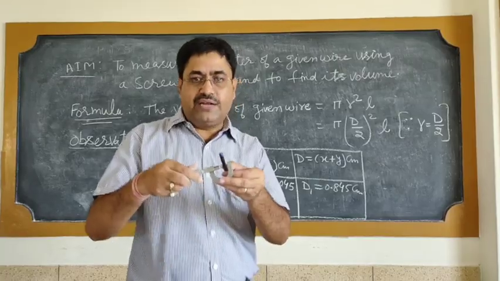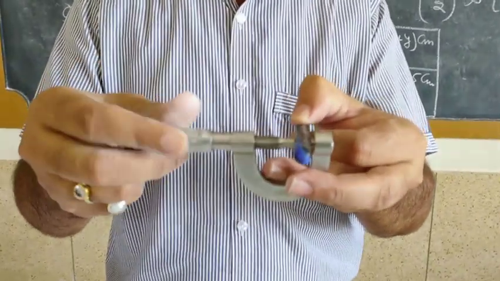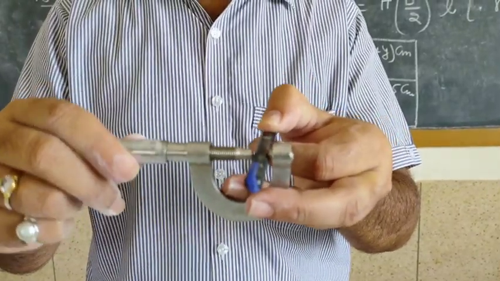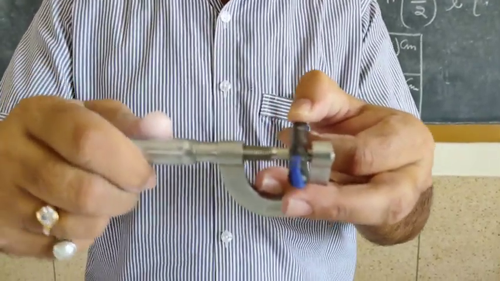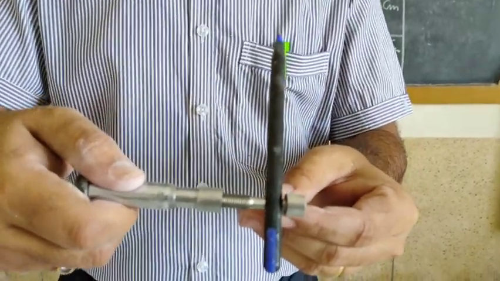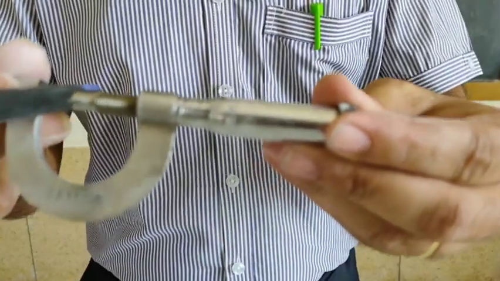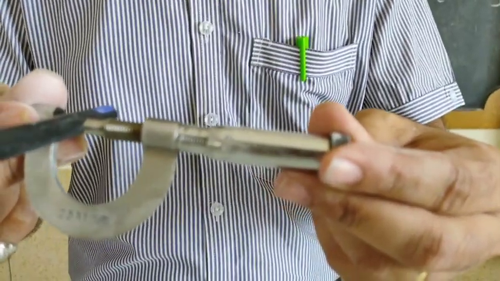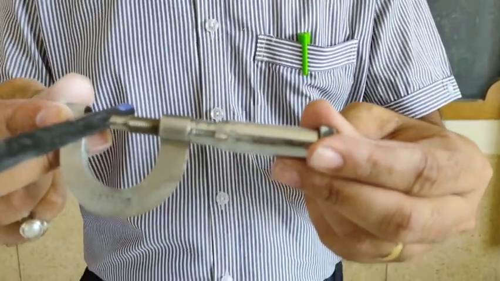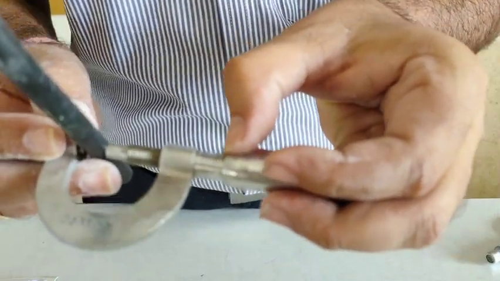Now we can hold this pen from here. We have to take 3 readings, so again I tighten this pen in between the studs and find the reading. Again the main scale reading is, you can see, 5, 6, 7, 8, it is 0.8.